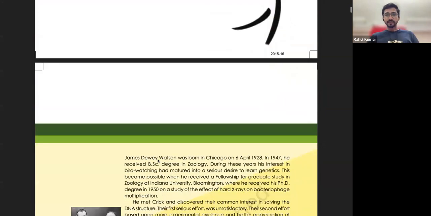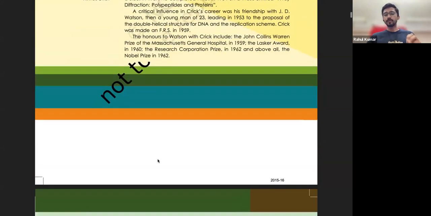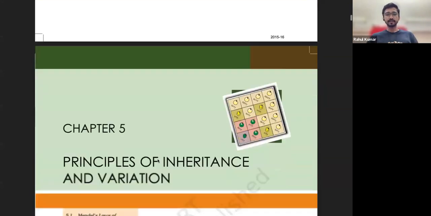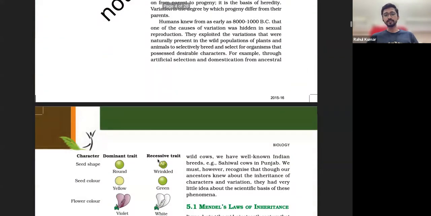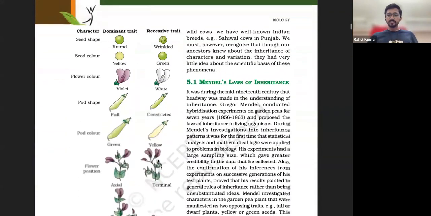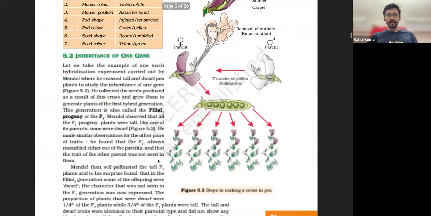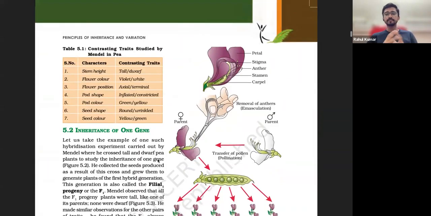In this chapter, we'll first cover a few important things. Then I'll come back and tell you what things you should pay attention to in every chapter. This portion we have already covered, right? NCRT has taught you Mendelian inheritance and Mendelian genetics in a characterized manner, dividing them into one gene inheritance and then two gene inheritance.